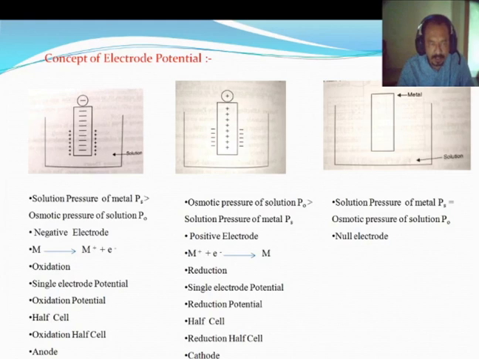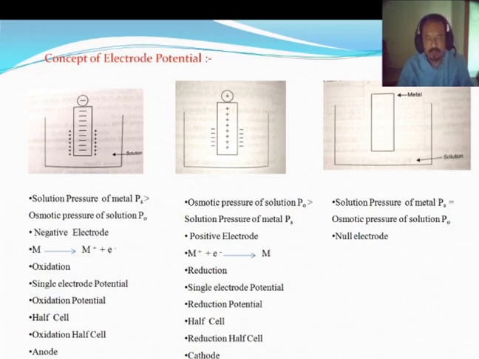Now this arrangement in which a metal rod is placed in a solution of its metal ion is called a single electrode or half cell. Now in this half cell, oxidation occurs, hence it is called an oxidation half cell. Now the electrode at which oxidation takes place, which acts as a negative electrode, is known as the anode.